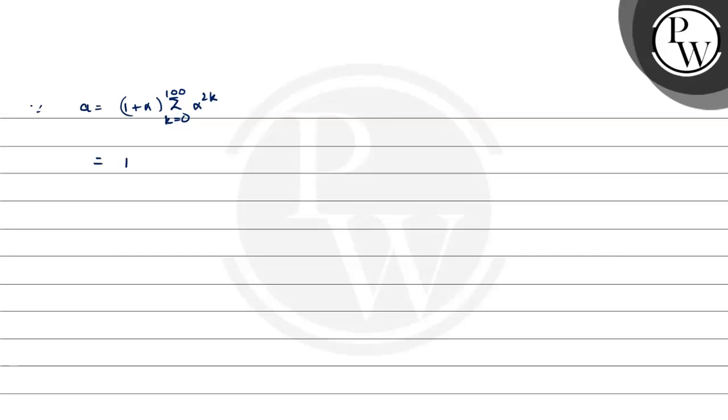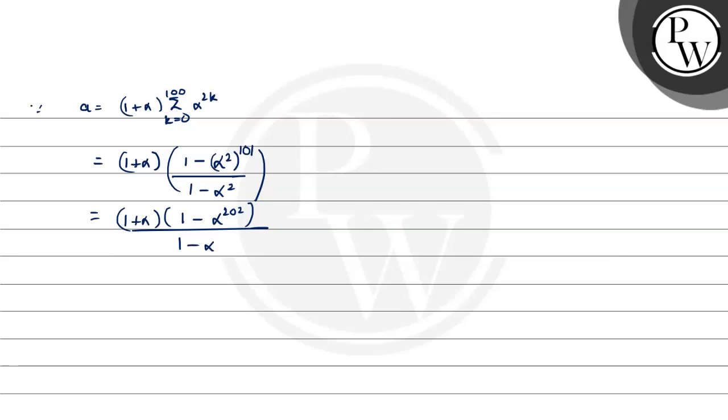So, using the key concept, we can write the sum as (1 minus alpha squared raised to 101) divided by (1 minus alpha squared). So that is (1 plus alpha) times (1 minus alpha raised to 202) divided by (1 minus alpha squared). Now we first need to get the value for alpha raised to 202.